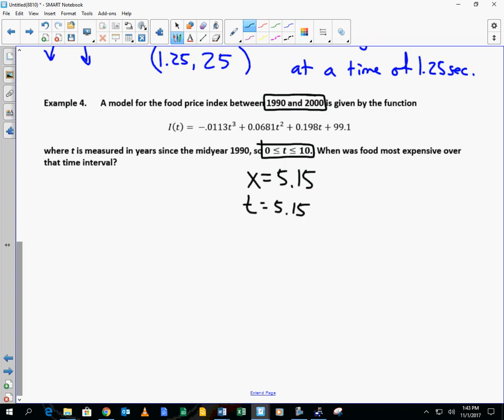And it's saying that 1990 is the year 0. Then what is the year 5.15? That's really the year 1995 when the price was most expensive. And it says mid-year, so that would be like June, right? So 5.15 might be like, say, July of 1995, to be specific.